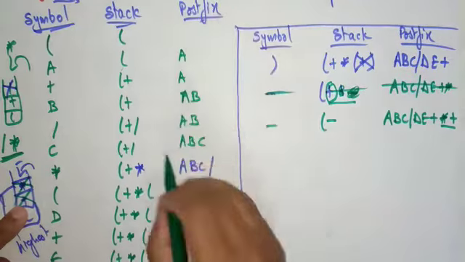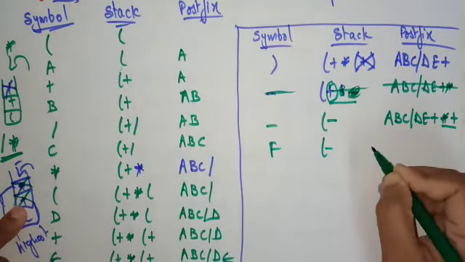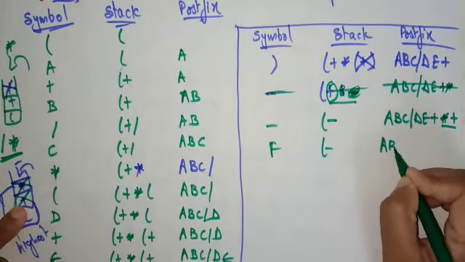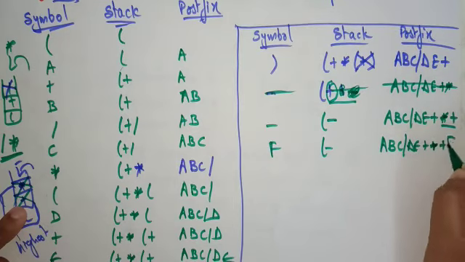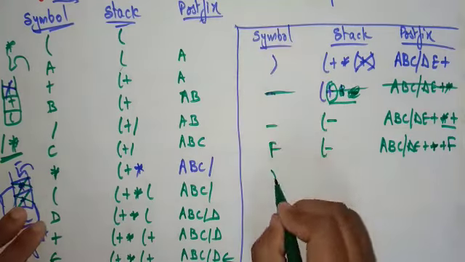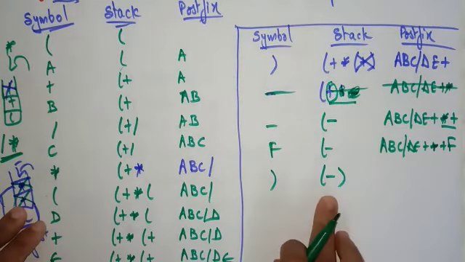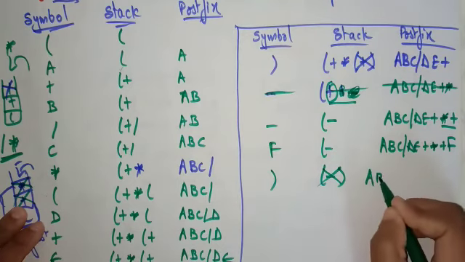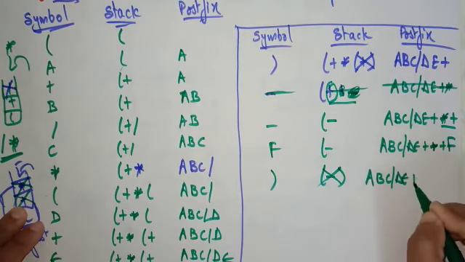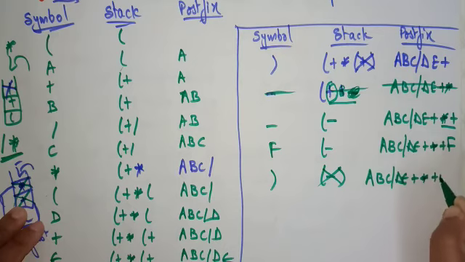And the final symbol is F. F is an operand, you have to place it in the postfix. The final thing is the right parenthesis. This closes the operator, so just pop it and place it here.